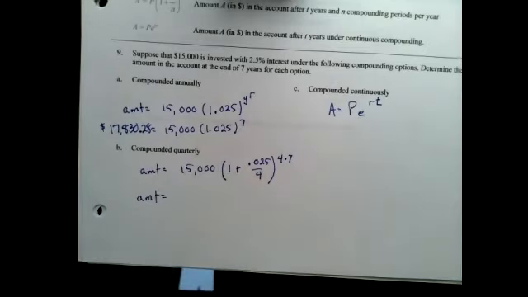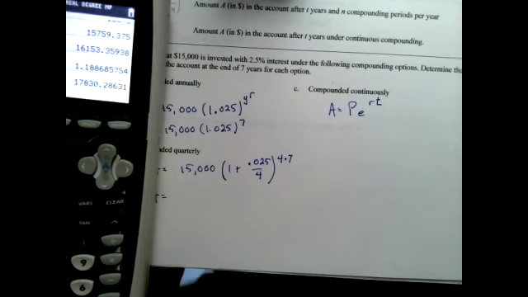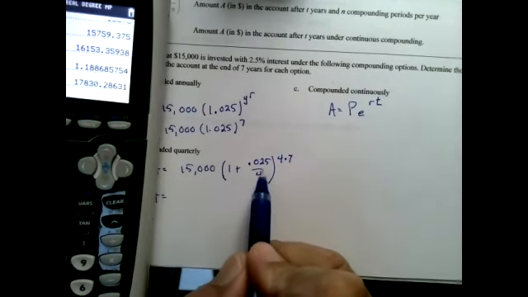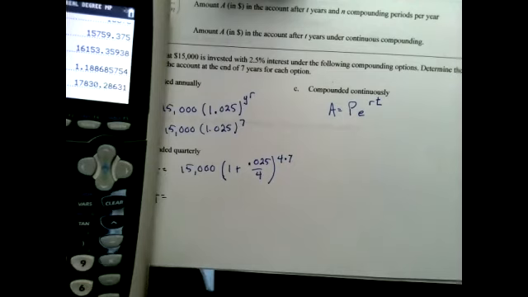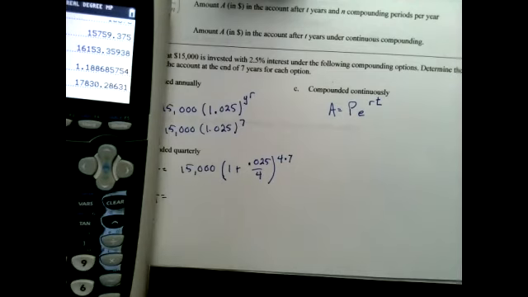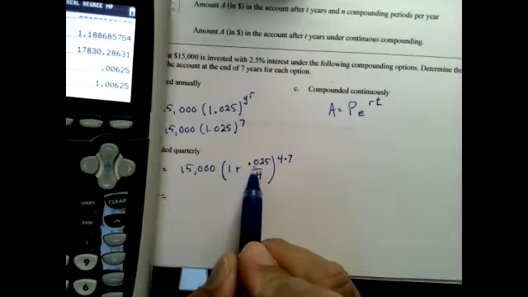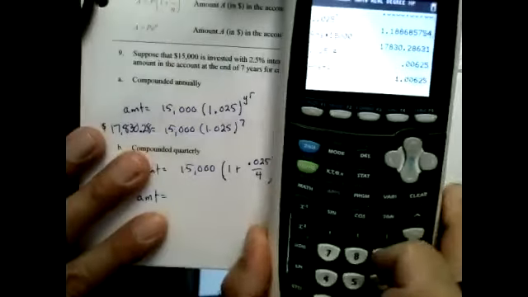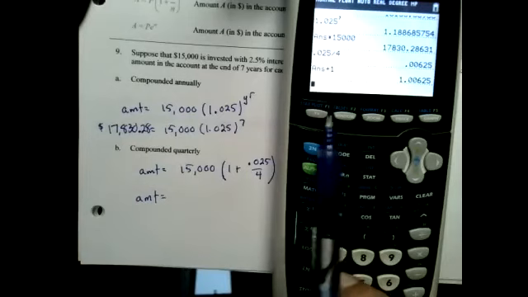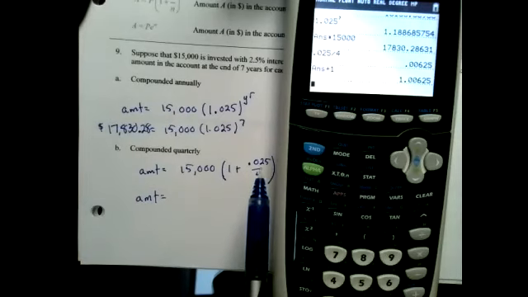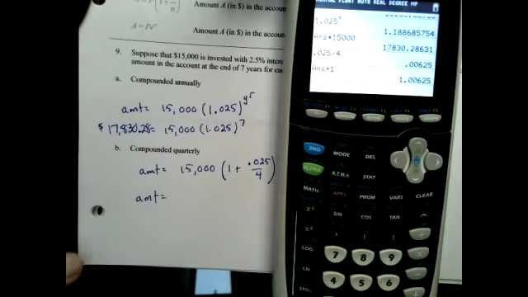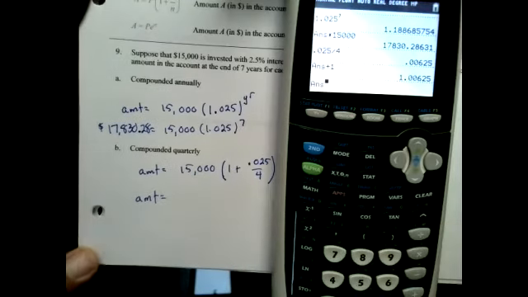So let's see, amount equals. All right, I need to figure out a good strategy here. I'm going to work from the inside out. 0.025 divided by 4, and I get that answer. Add 1. I get that answer. Now I'm going to raise to the 28th power. That's my caret over there. Notice how it brings the previous answer right up for me, to the 28th power.